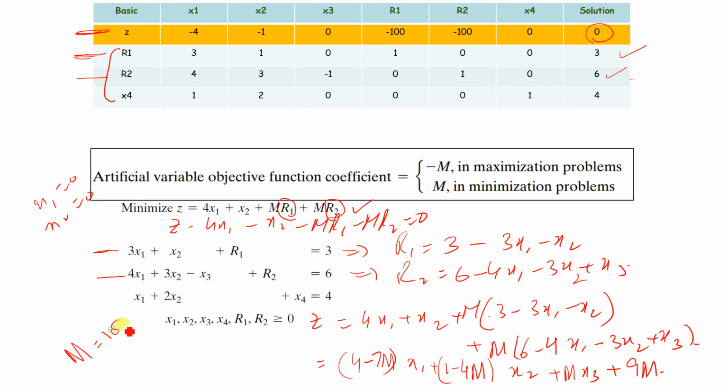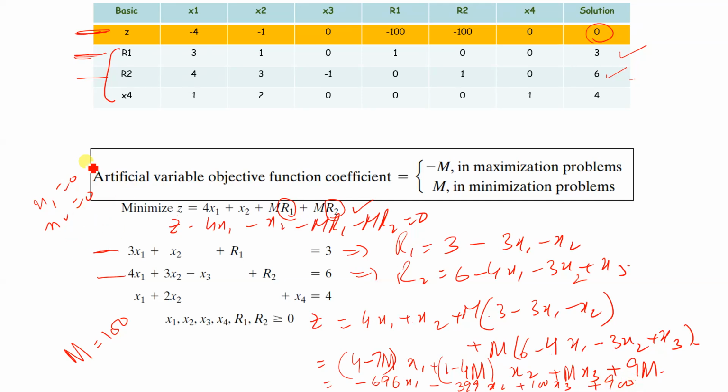In this case, 100 will be large enough as compared to all these coefficients. So we can assign M is equal to 100. So this becomes negative 696x1 minus 399x2 plus 100x3 and plus 900.